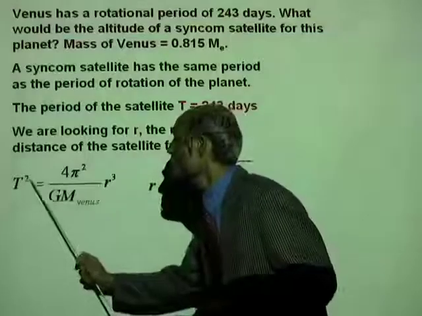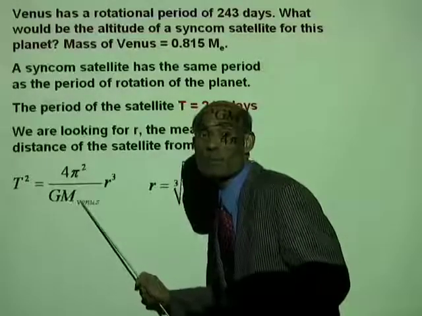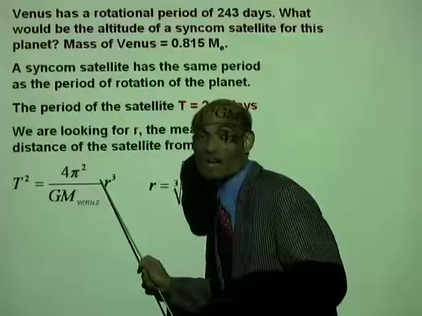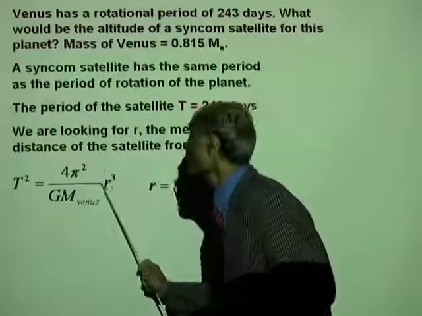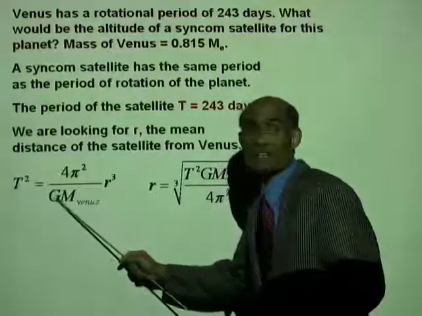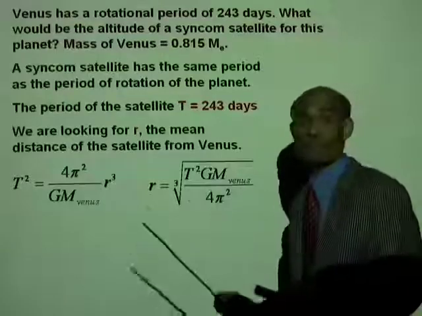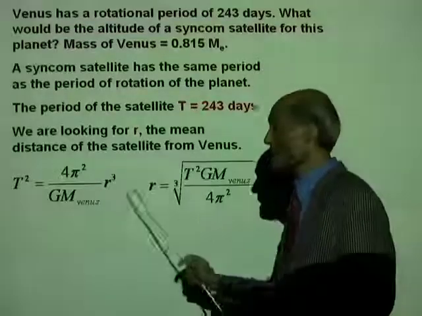So, if T squared equal to 4 pi squared over GM Venus times R cube, therefore R equal to cube root of T squared G mass of Venus divided by 4 pi squared. I'm sure you understand that.